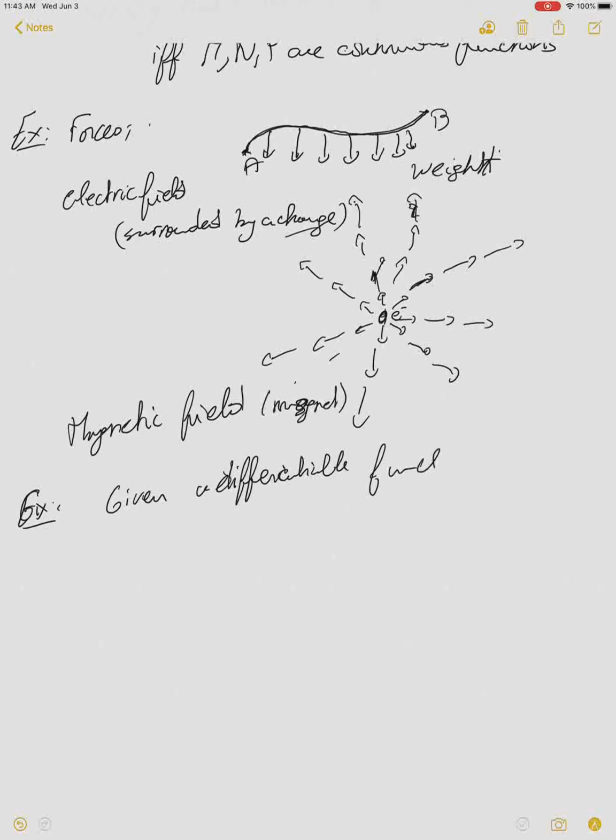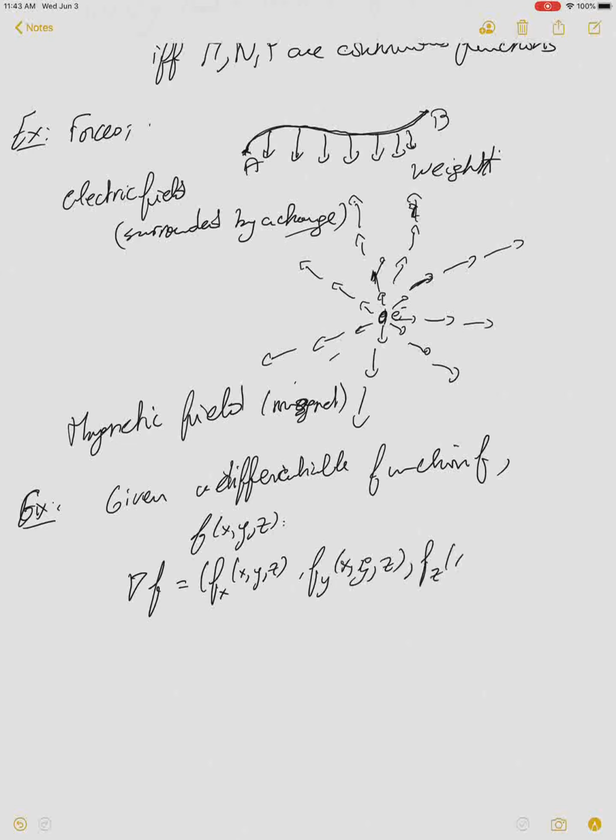Now, mathematically, given a differentiable function f of x, y, z, the gradient of f, which is the vector f_x at (x, y, z), f_y at (x, y, z), and f_z at (x, y, z), is a vector field.